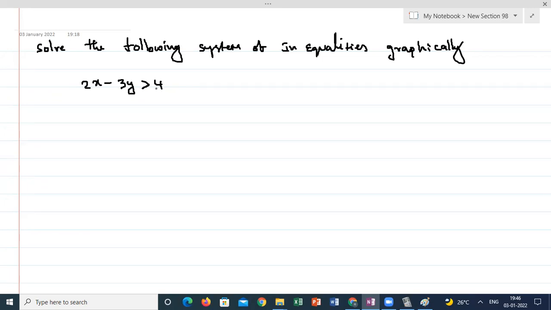Sorry guys, it's greater than minus 4. x plus 3y greater than 3. x plus y less than or equal to 5. Please solve this question.